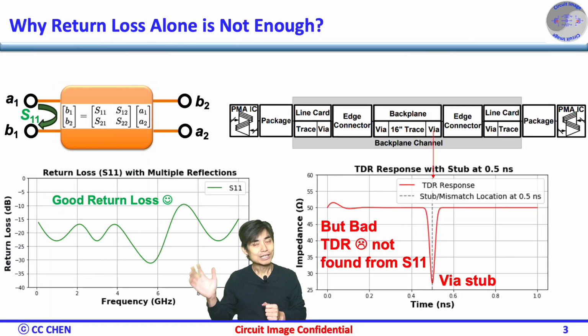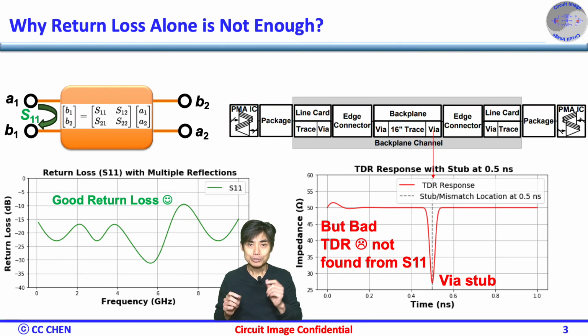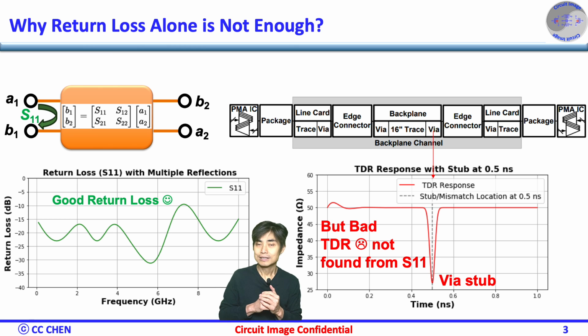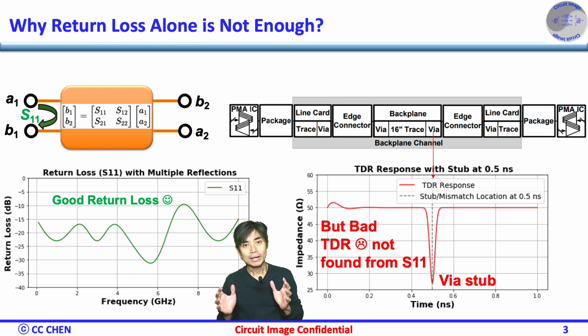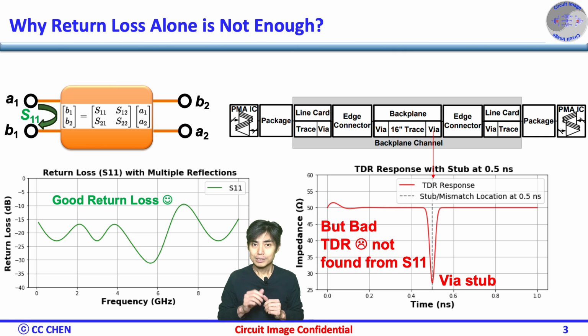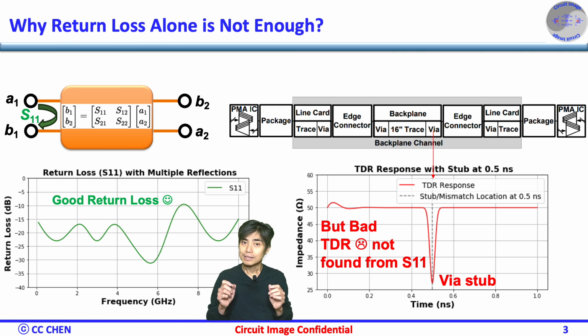Return loss S11, S22 measure how much signal reflects at different frequencies. It's useful, but has a significant blind spot. Return loss cannot tell where in the interconnect the issue occurs. A good return loss doesn't always mean there's no local discontinuity.